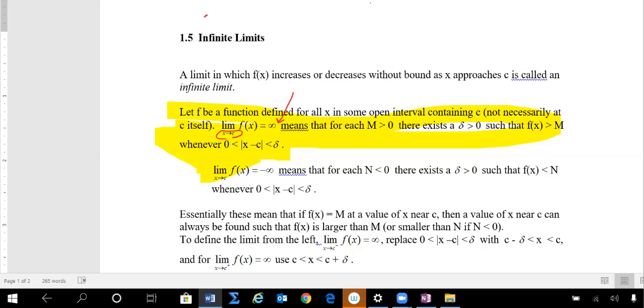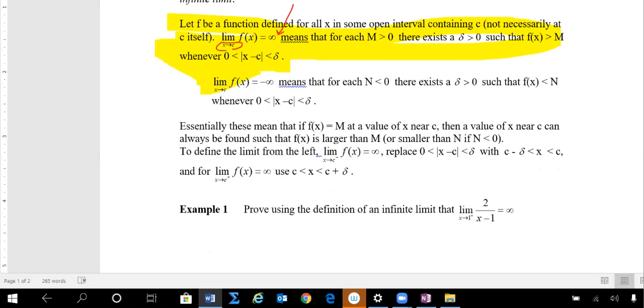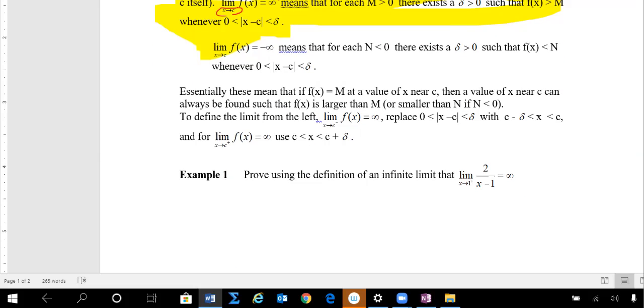Now we can alter this a little bit for when f of x approaches negative infinity. Very similar, just that a value n can be found no matter what.